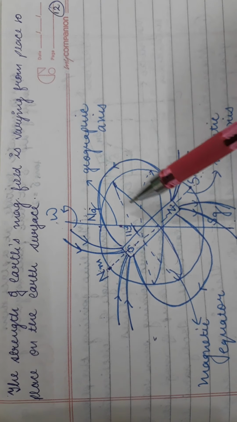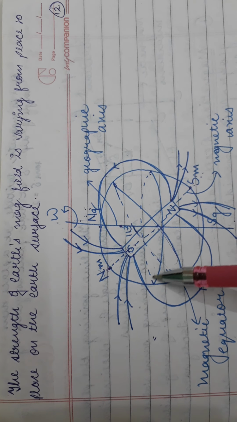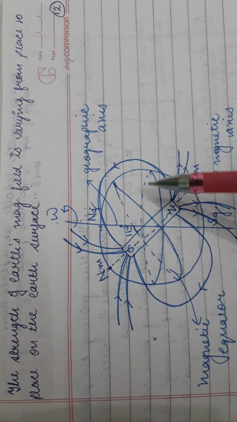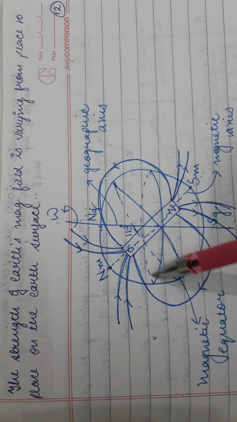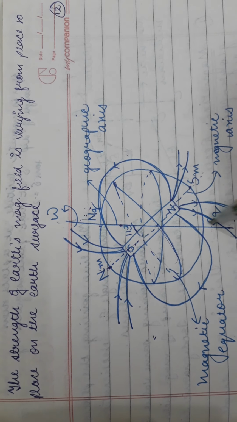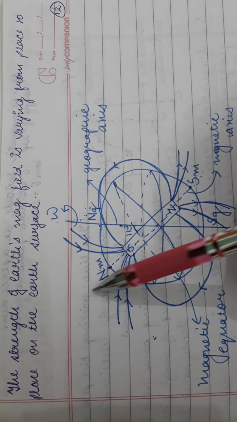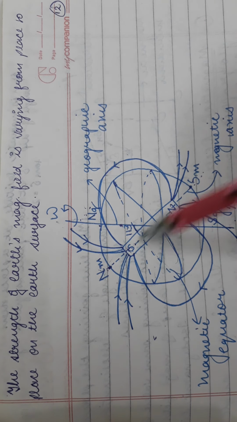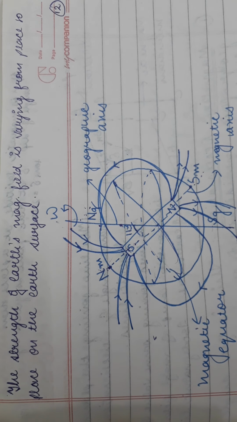So there will be an angle between these two planes. There is one vertical plane passing through the magnetic axis, the magnetic meridian, and there is a vertical plane passing through the geographic axis, the geographic meridian. This is the magnetic axis, magnetic north, magnetic south, and the vertical plane passing through this is the magnetic meridian.